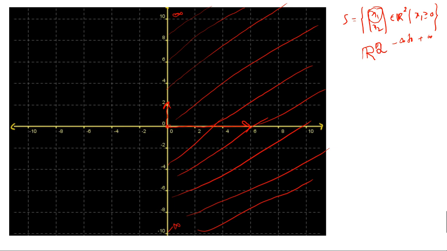What should be the first condition? It should be a subset. Yes, it is a subset of the space of two dimensions, so that is okay. The second condition is that it should have a zero vector.